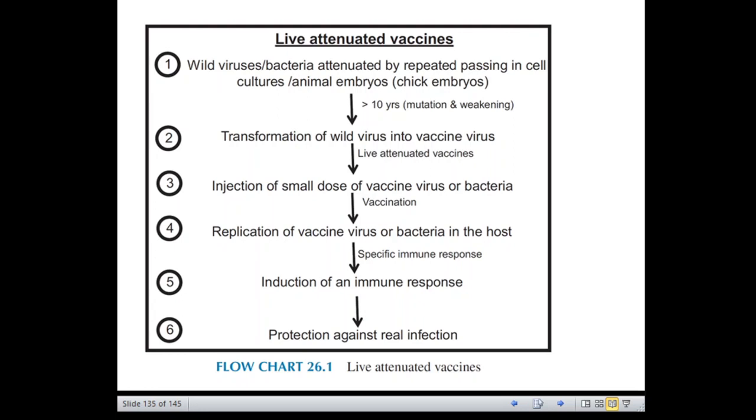This extended passage introduces one or more mutations into the new host. Now the mutated pathogen is significantly different from the original pathogenic form. So it cannot cause disease in the original host but can effectively induce the immune response.